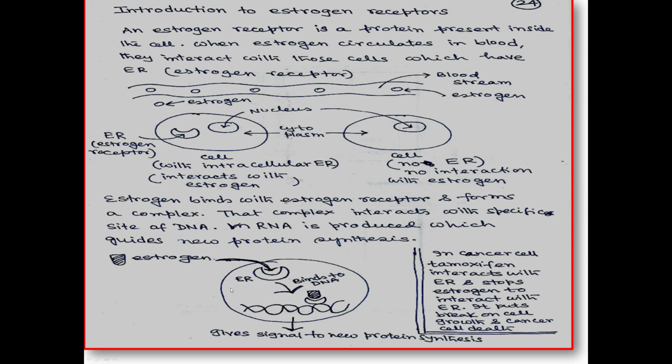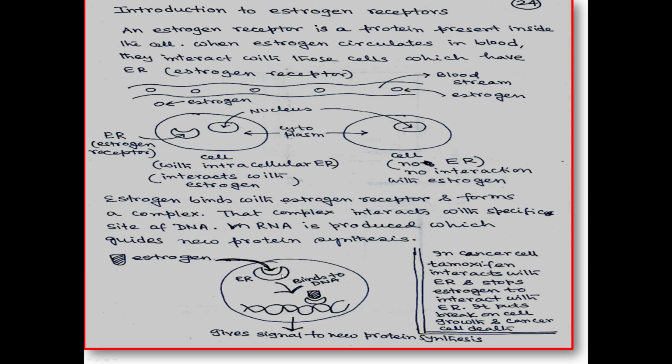The pictorial representation is this: estrogen is coming inside the cell which has the estrogen receptor. It is forming one complex, and that complex is binding with the DNA, and it gives the specific signal to RNA for new protein synthesis.